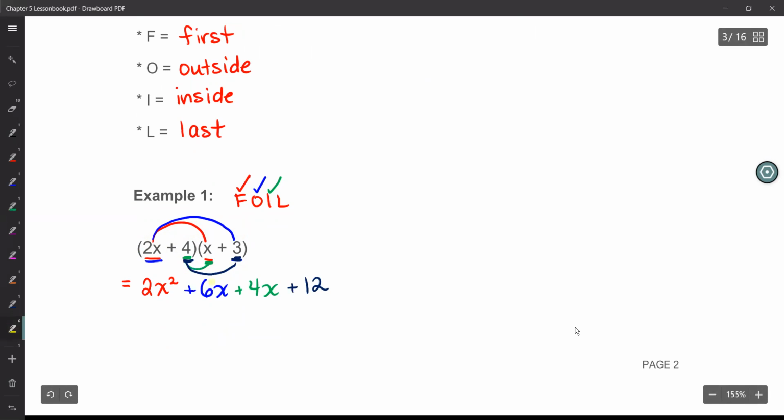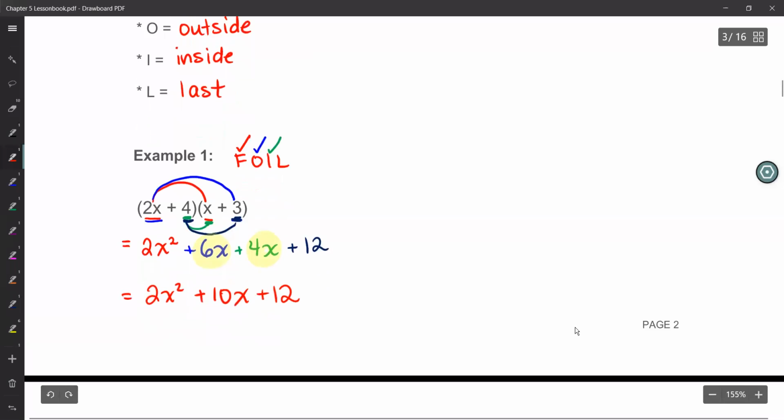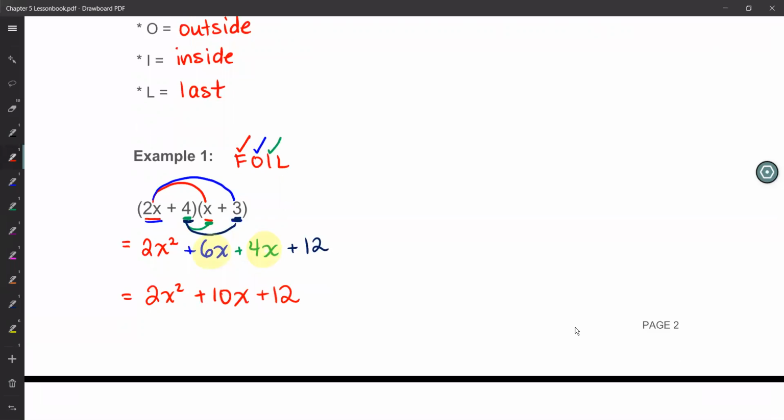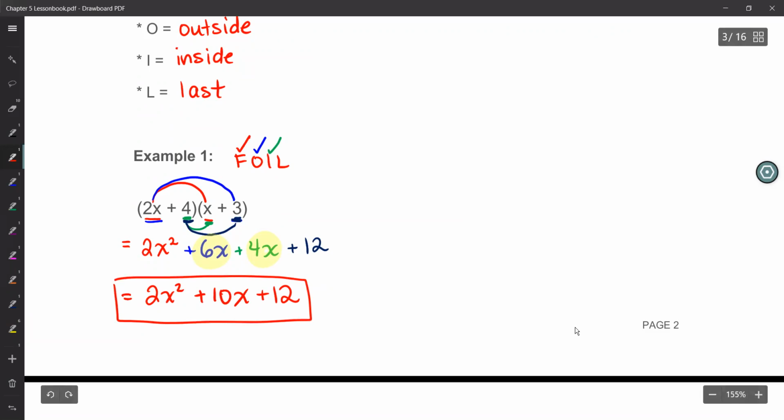So I'm noticing here that we have a 6x and a 4x, and we're just going to add those together. So we'll end up with 2x squared plus 10x plus 12. Okay, so we've now gone from something that's in that bracketed factored form into standard form. So this would be fully expanded and simplified.